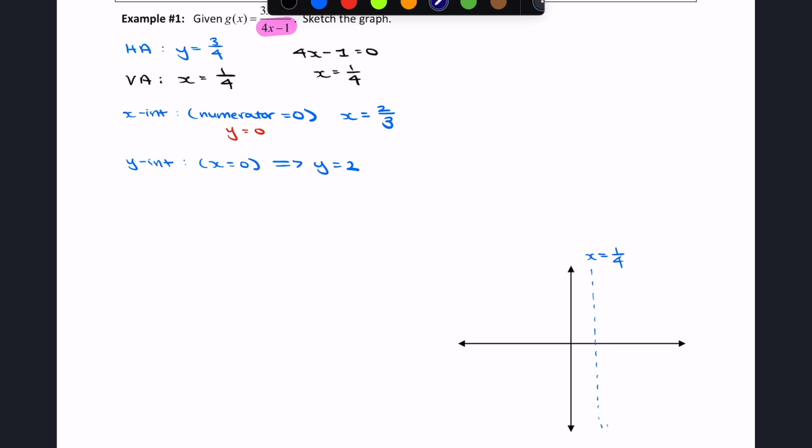We have a horizontal asymptote at 3 over 4. And we know that we have an x-intercept at 2 over 3. And we also know that we have a y-intercept at 2.